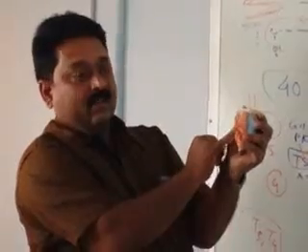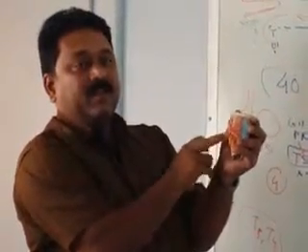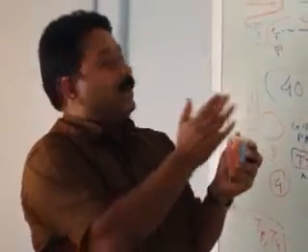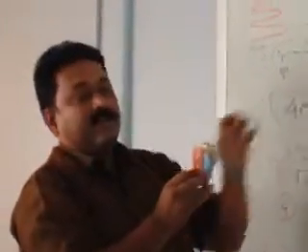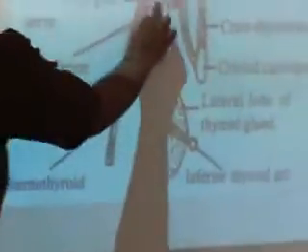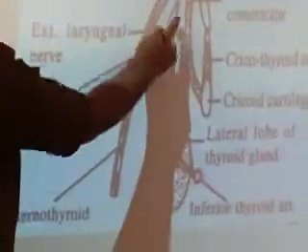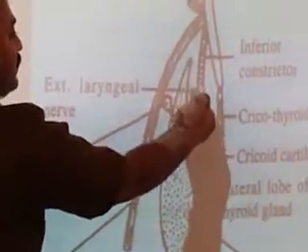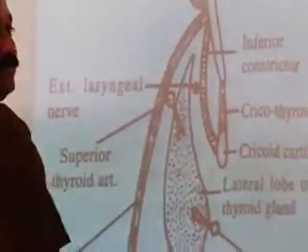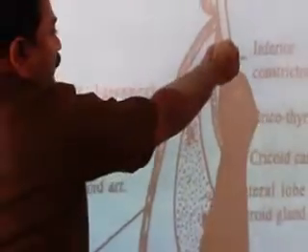So medially it is related with the inferior constrictor. See here, this is a thyroid gland, apex of the thyroid gland. Medially, here is the inferior constrictor muscle. It is a muscle.